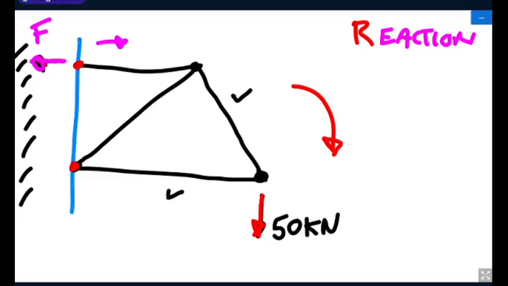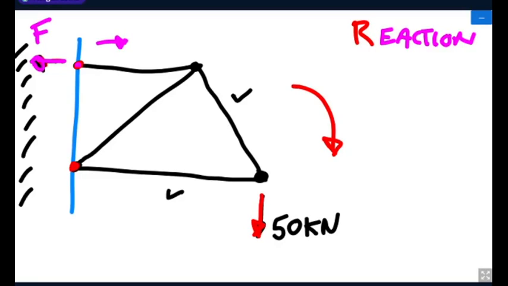Because don't forget, we have got a force, so we have got reactions. So we have a force in this. Let's just make something up here, because I haven't got a scale drawing. Let's say the reaction here is 50 there.